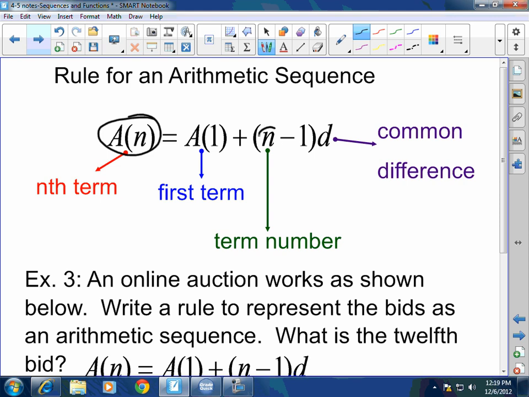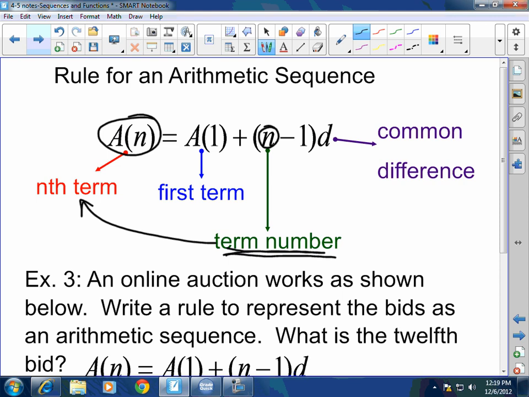N inside of the parentheses is the term number. So if I want to find the 15th term, I'm going to need to use term number 15. And then minus 1 in parentheses, and then D is the common difference.